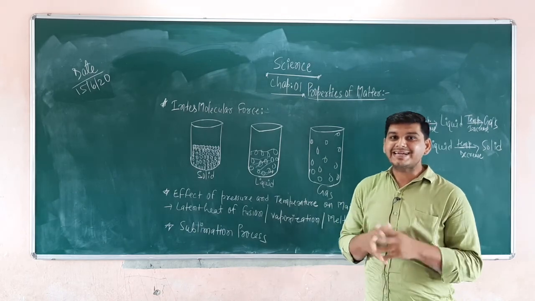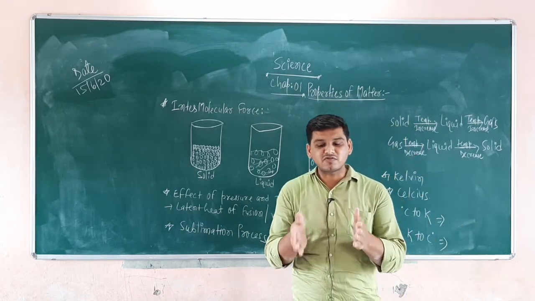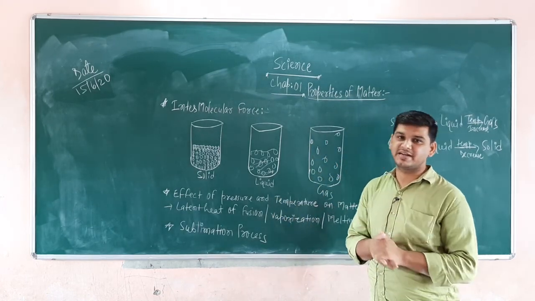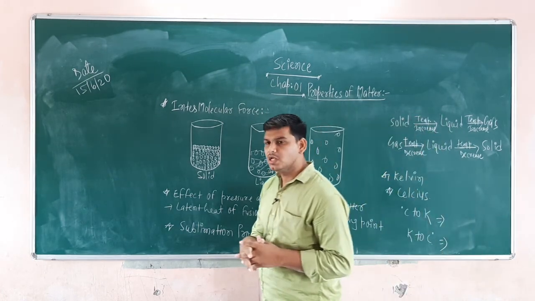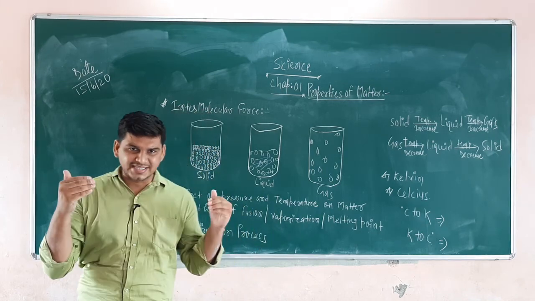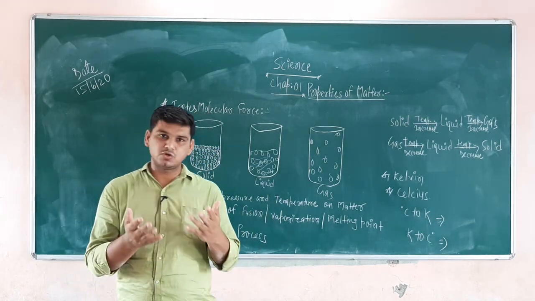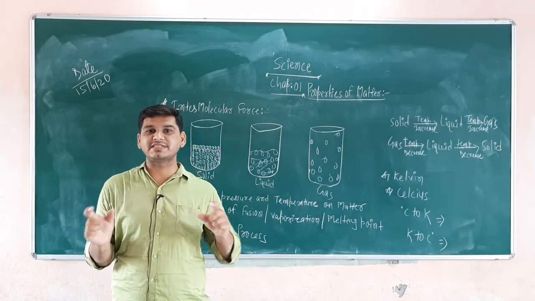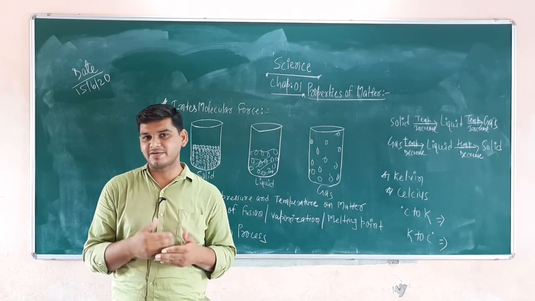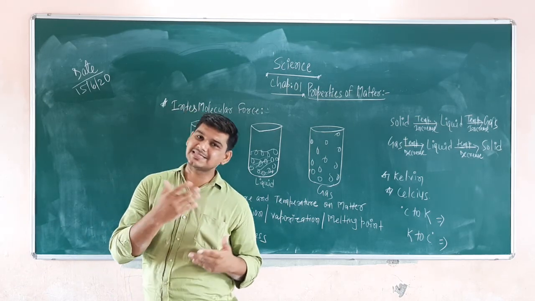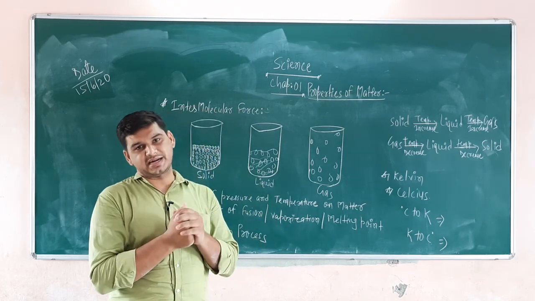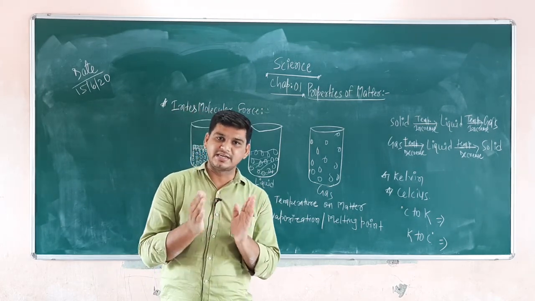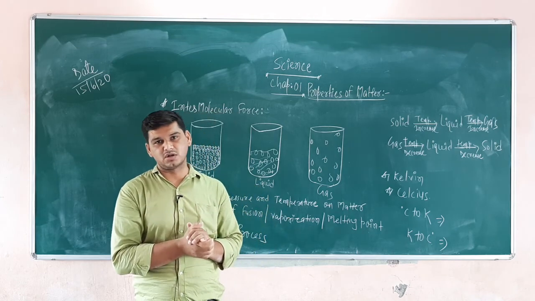The force that exists between the particles of matter of solid, liquid and gas is generally called an intermolecular force. We know that each and every matter has specific particles: solid has particles, liquid has particles, gas has particles. So the force that exists between the particles of the solid, liquid and gas is called the intermolecular force.